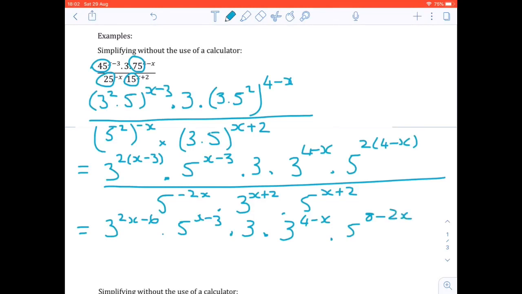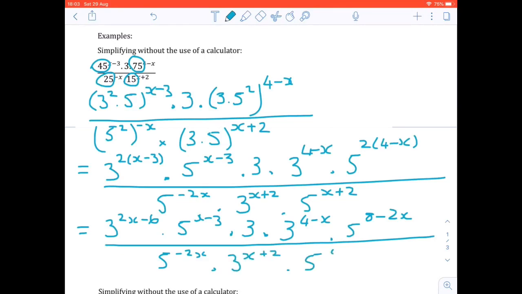So all we have done is we've removed the brackets from each of the exponents if there was a bracket in order to simplify it. All over 5 to the negative 2x times 3 to the x plus 2 times 5 to the x plus 2.